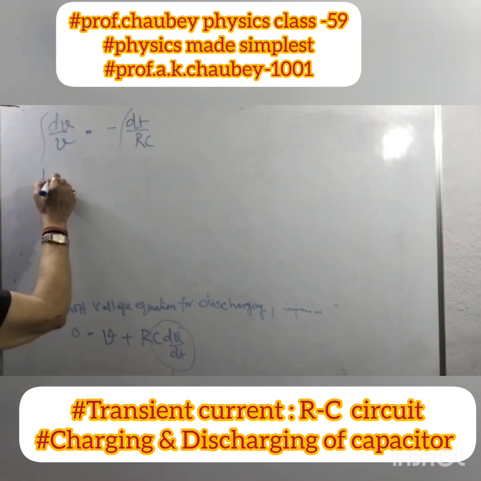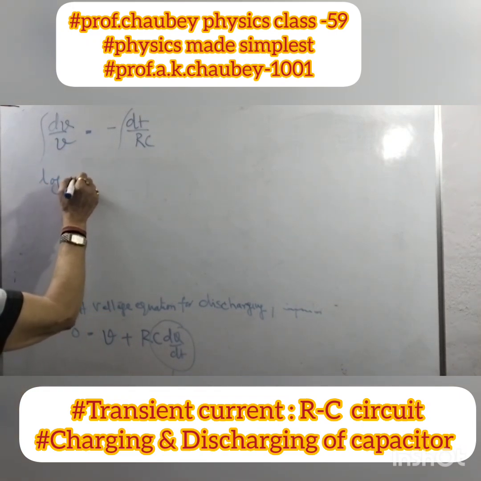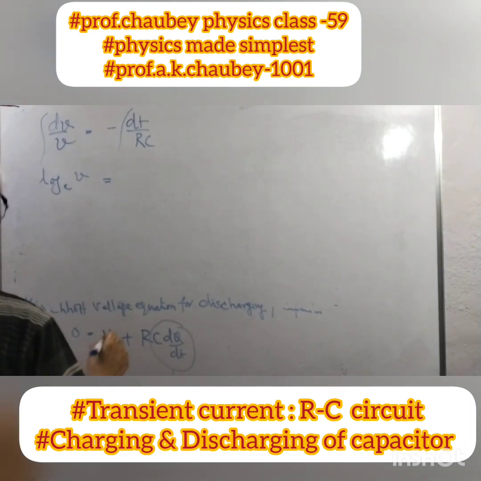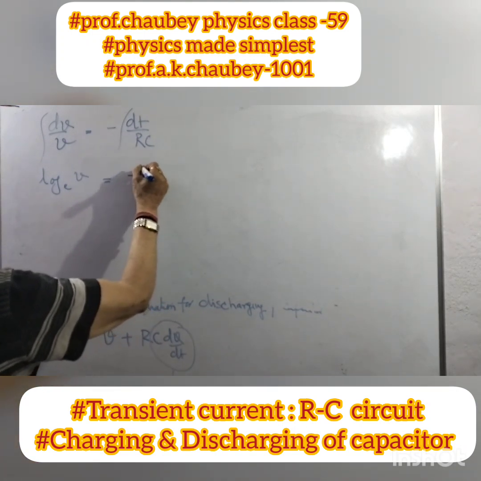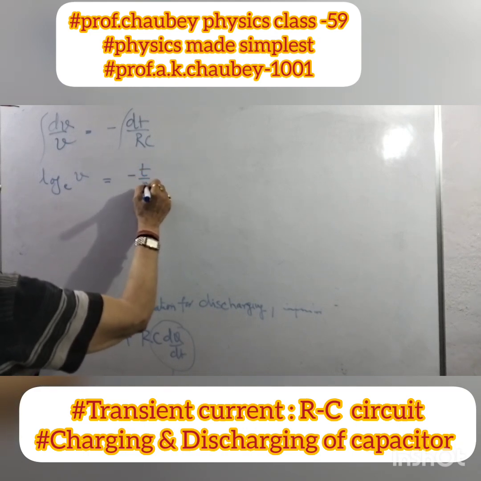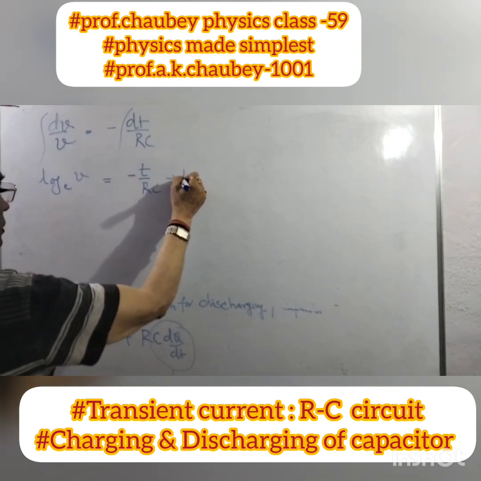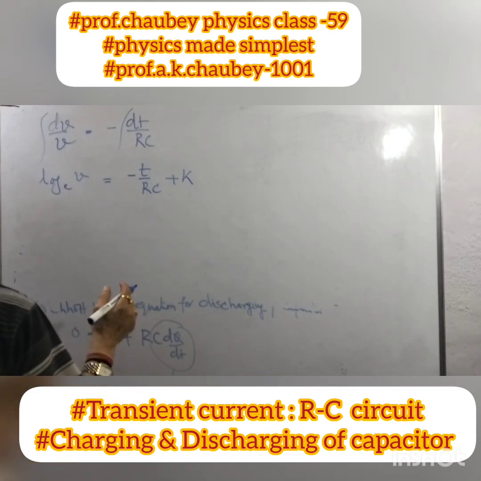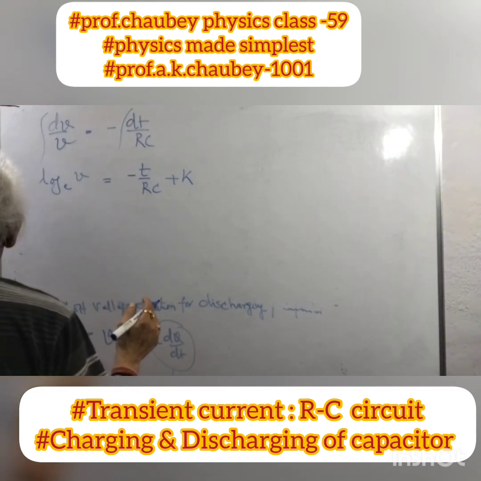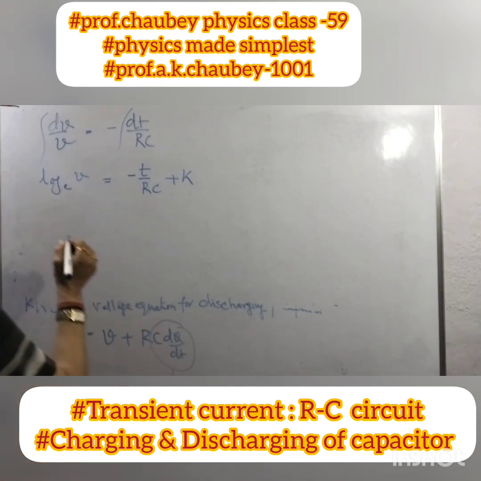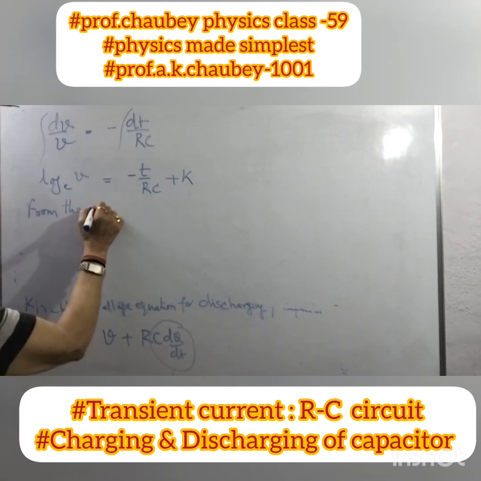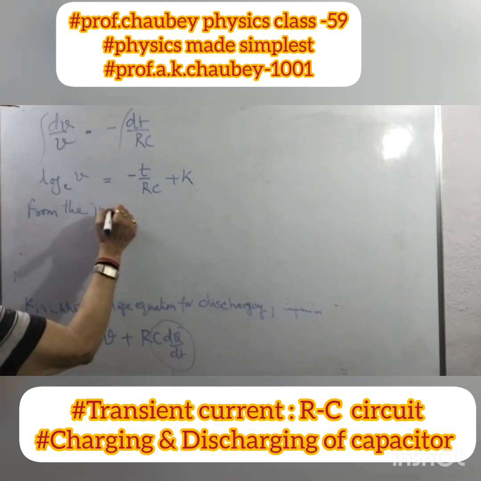Log of V on the base e is equal to minus t over RC plus a constant. The constant is of integration. Well, you can get the constant from the initial conditions.